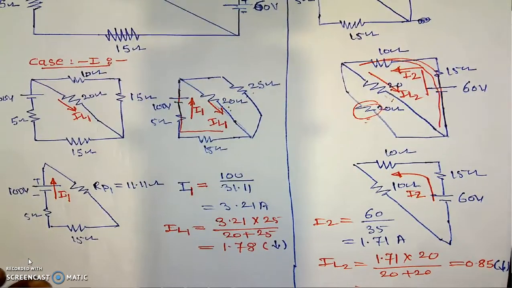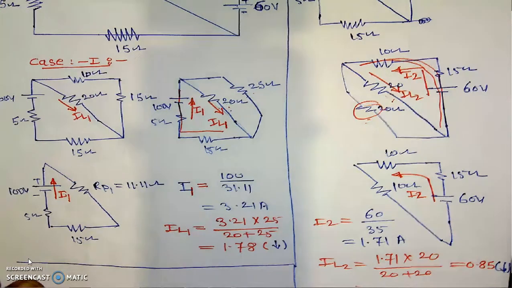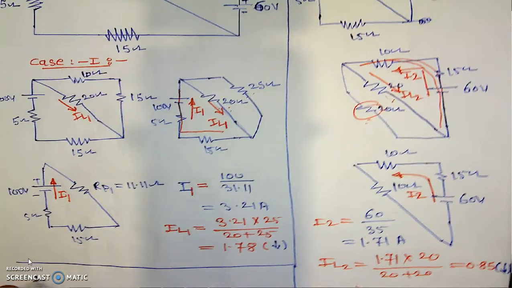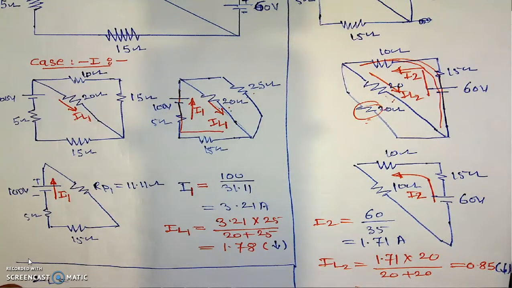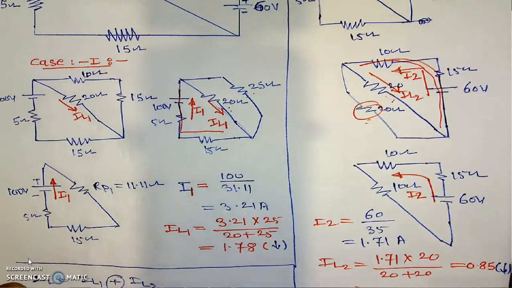Now we are in a position to apply the superposition principle. Now how is the superposition principle? The current flowing through the load resistance IL is the algebraic summation of the currents, that is IL1 plus IL2.